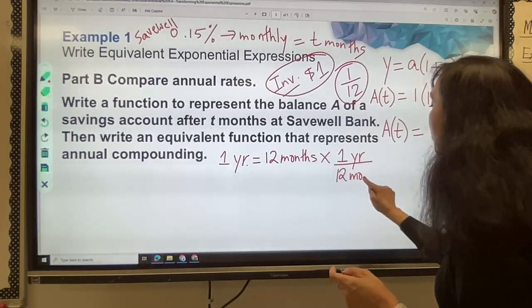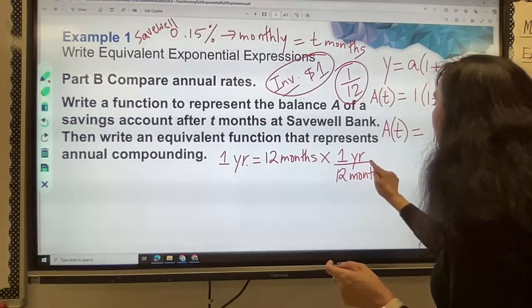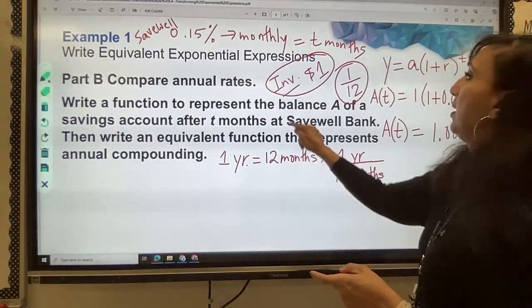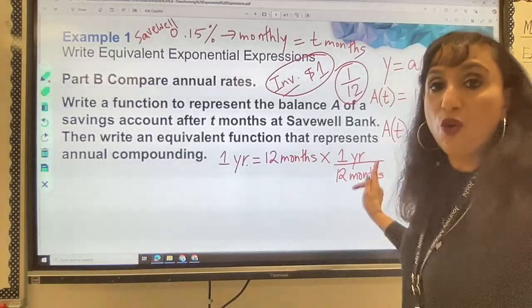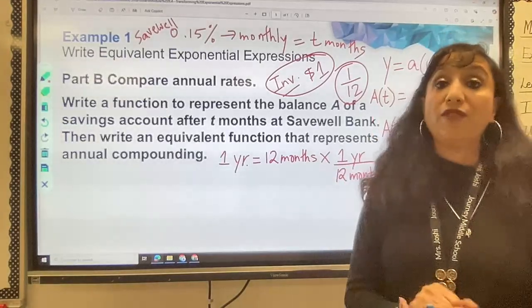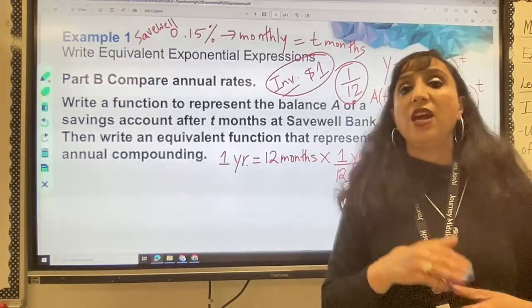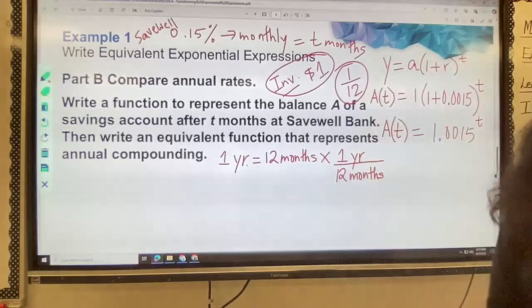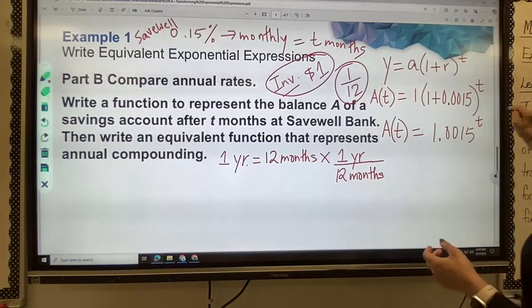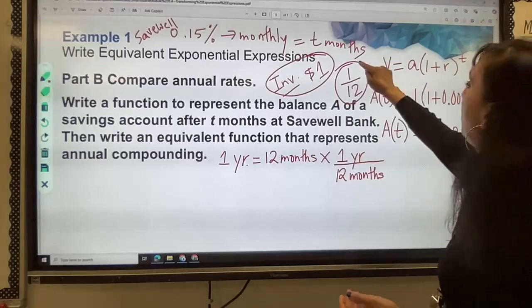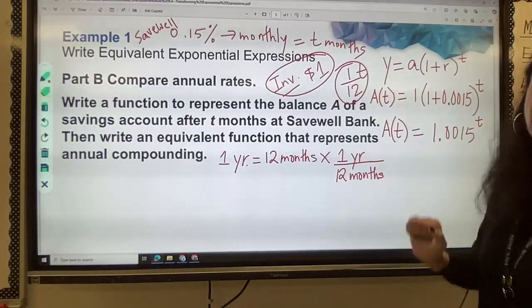And that's what we are trying to get to. Because right now, this is in this format. But we have to change it to 1 over 12 because there are 12 compoundings in a year if it is done monthly. Okay, so my exponent now needs to be 1/12 t. So this should be 1/12 t outside.